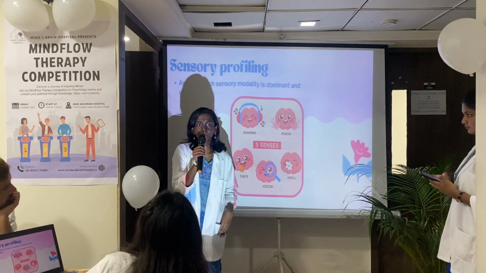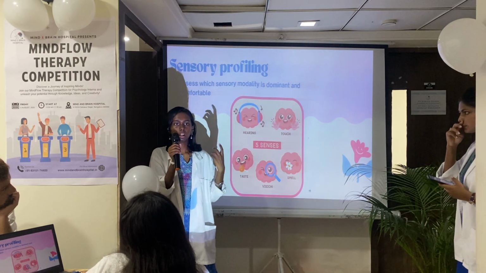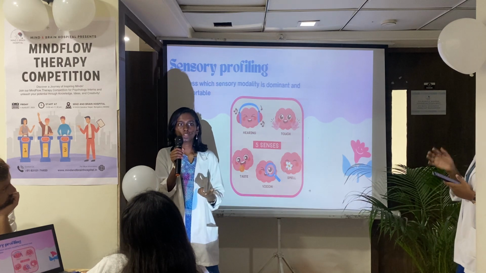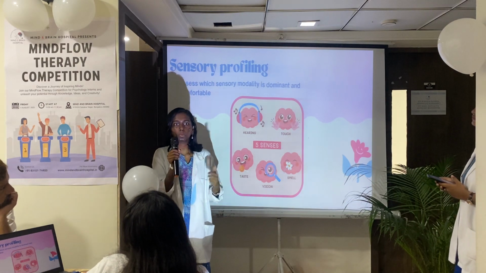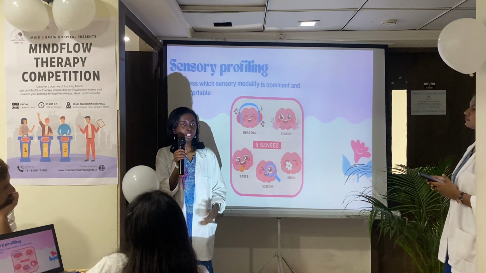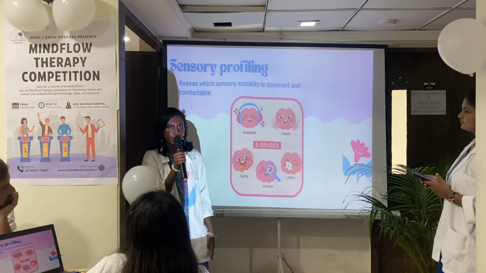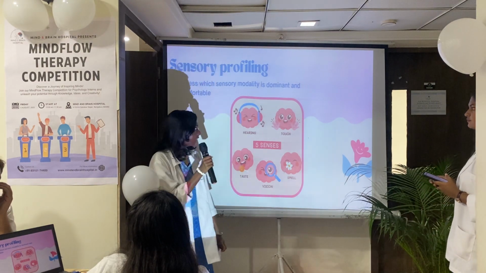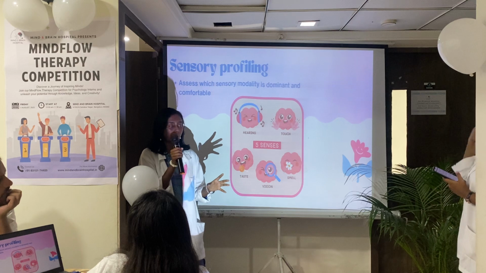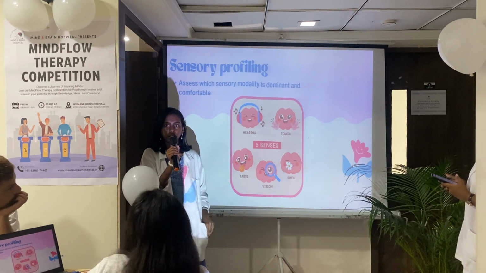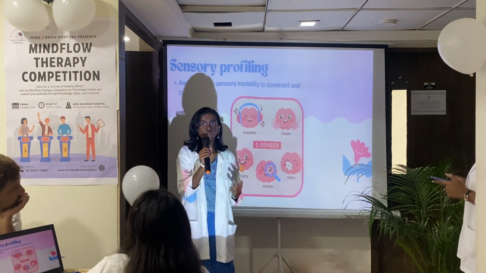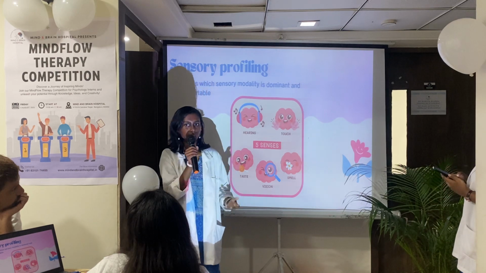Right now we don't have the time, but we have a resource compiled for you all. It has the Oxford sensory profile assessment. We will share the resources with you and you can test it out later. It just has a couple of questions for each sense that you can answer and you can understand which is the best sense for you to relax.